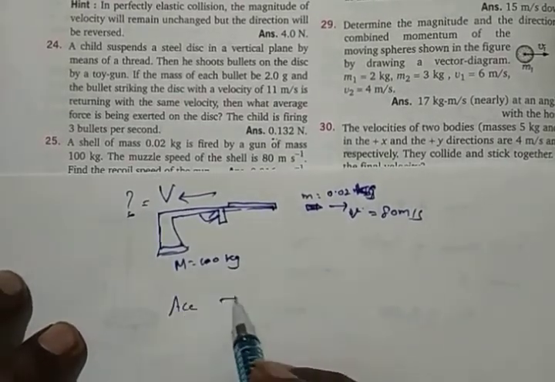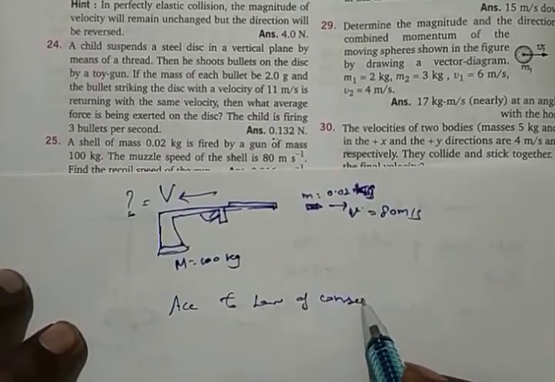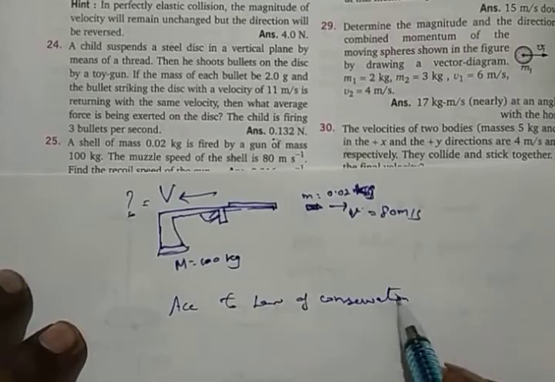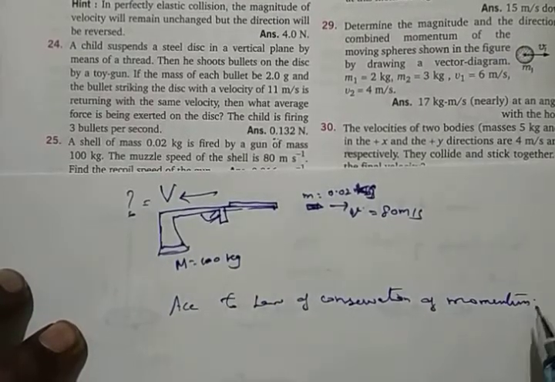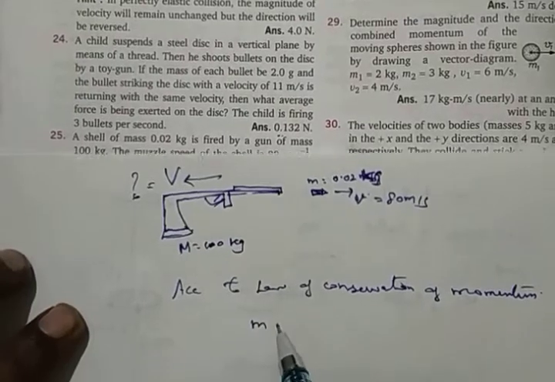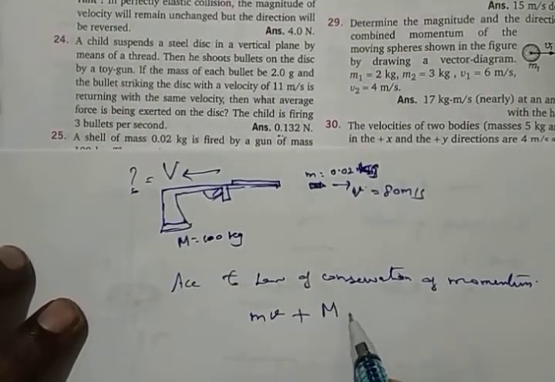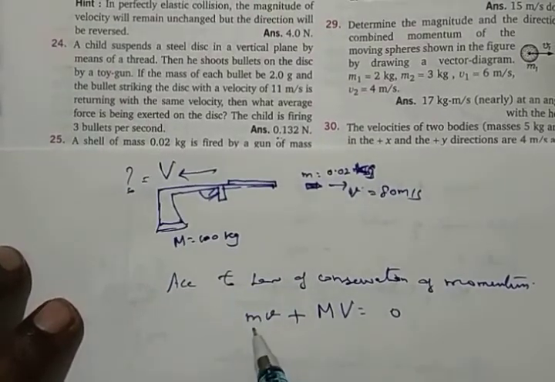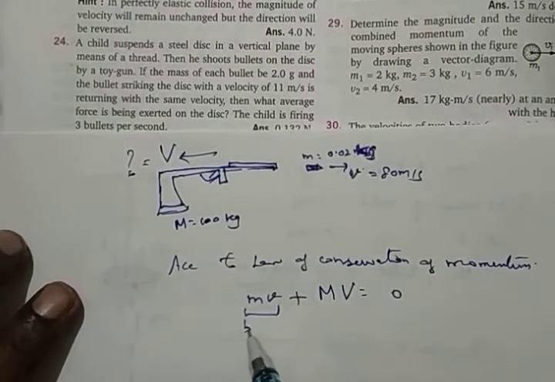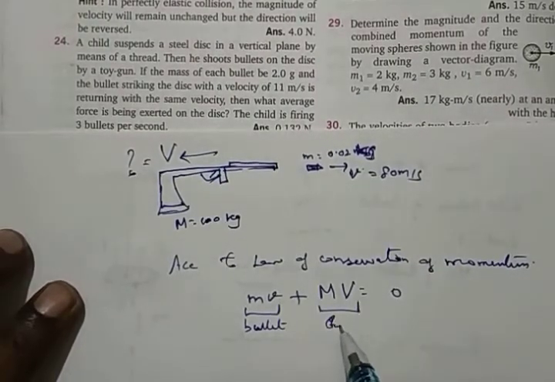According to the law of conservation of momentum, m into small v plus capital M into capital V is equal to 0. What is m into small v? This is for the bullet. And what is this one? This is for the gun.